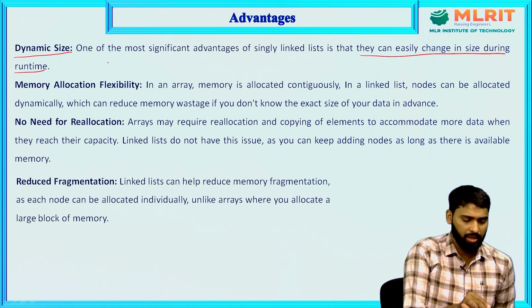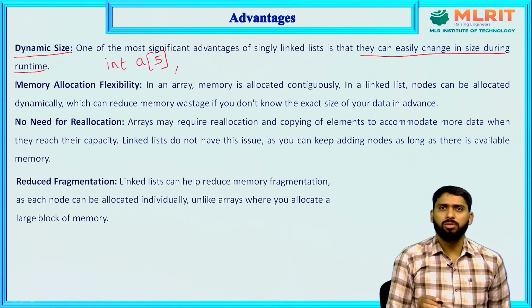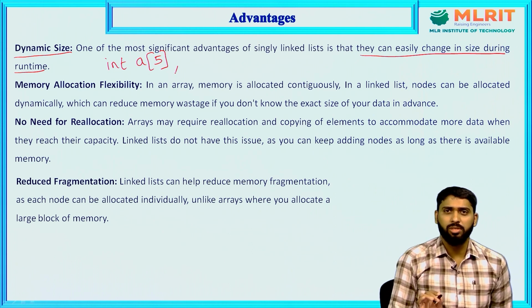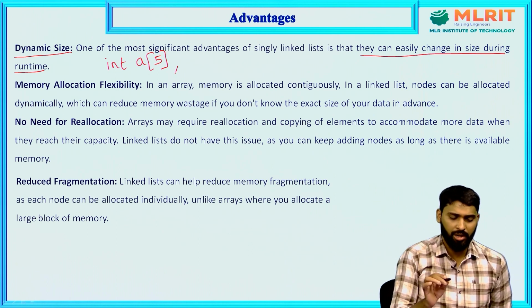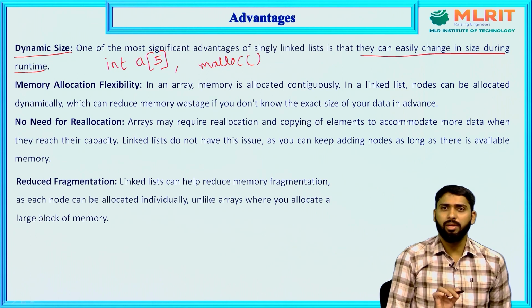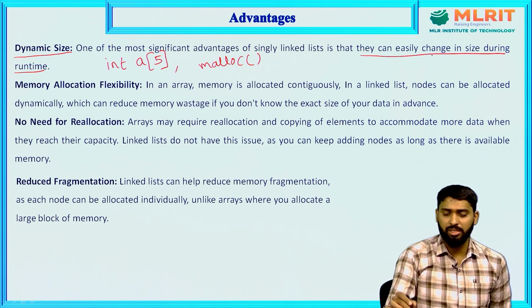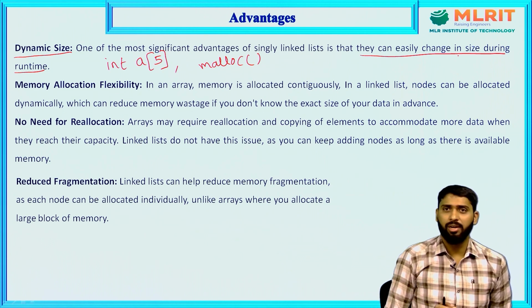Now I declare it like this, int a of 5. Now I want to store the same 5 numbers using a linked list. Then I allocate the memory using the malloc function, allocating the memory dynamically. So dynamic size means they can easily change in size during runtime.